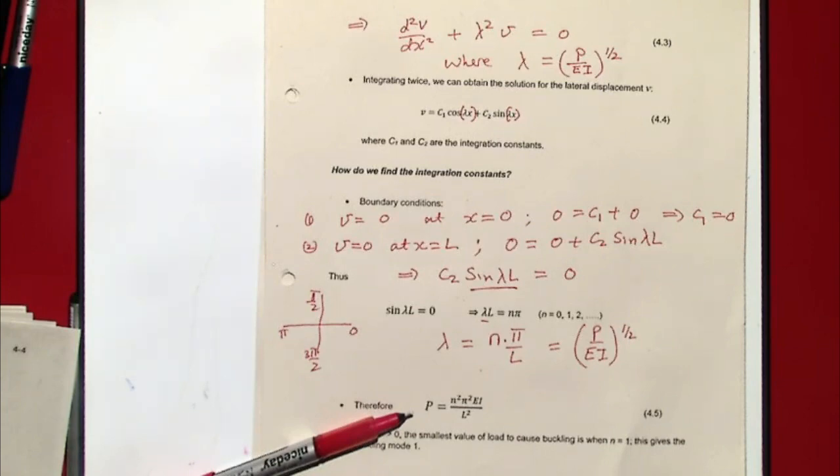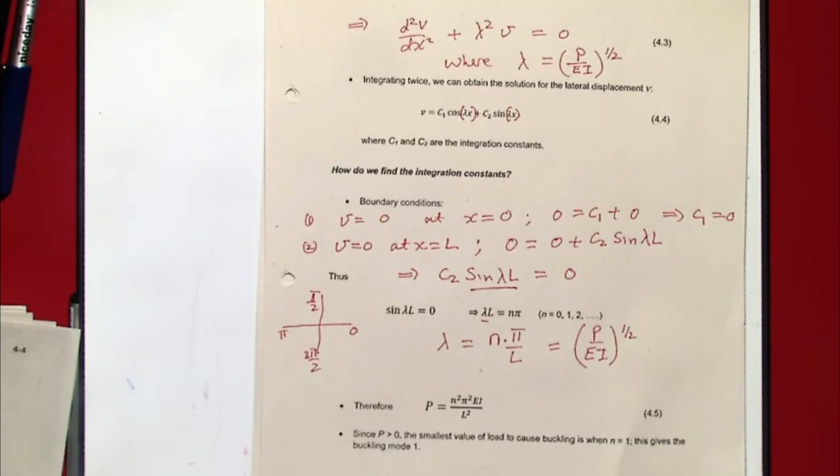But if you are slowly increasing your load from 0, ramping it up slowly until that failure starts, the load that will cause that failure is the P that has the minimum value. The first one is when n equals 0. We know P will not be 0. So the minimum value that will cause failure is when n equals 1.